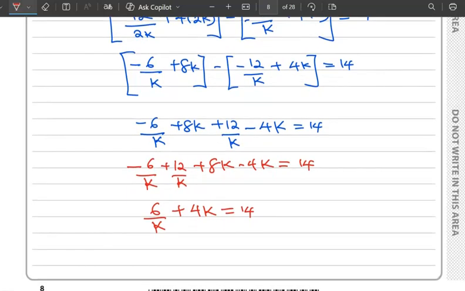And what we can do at this point is multiply everything by k.